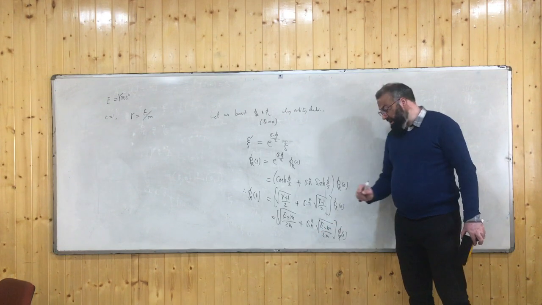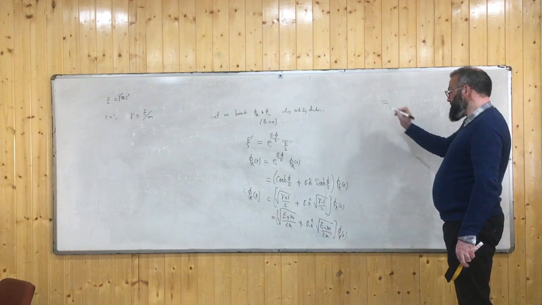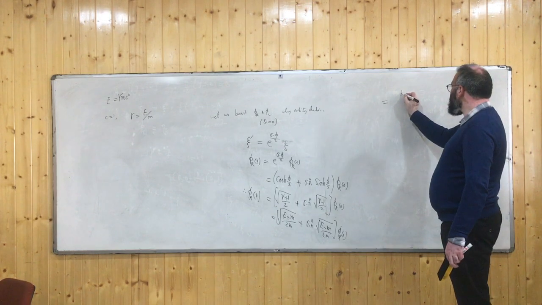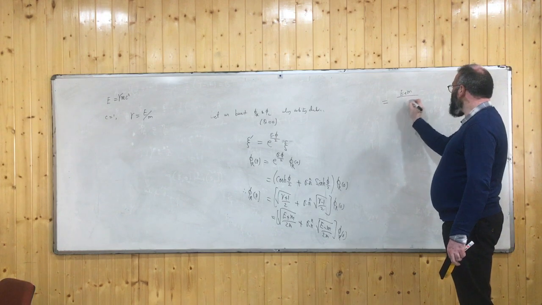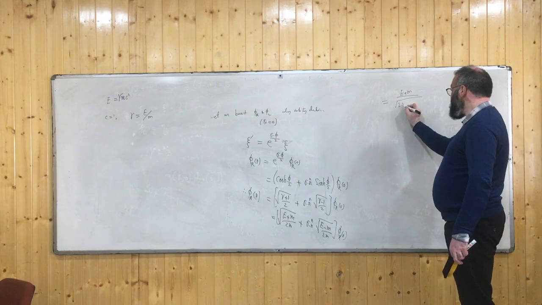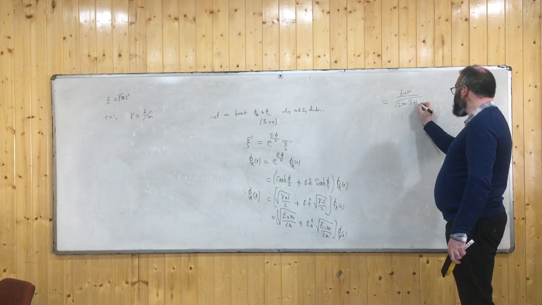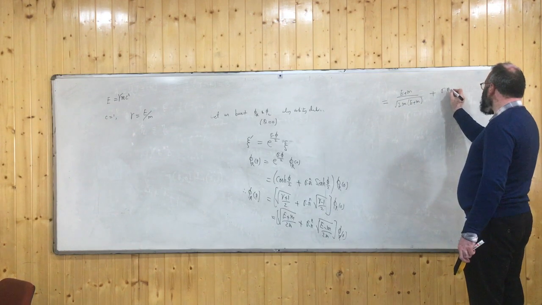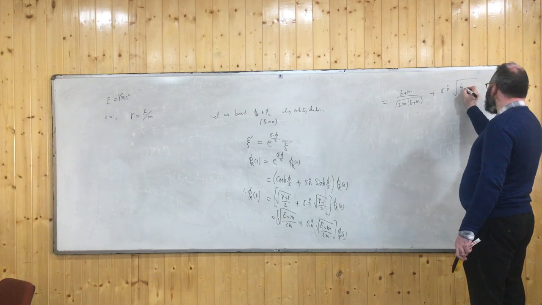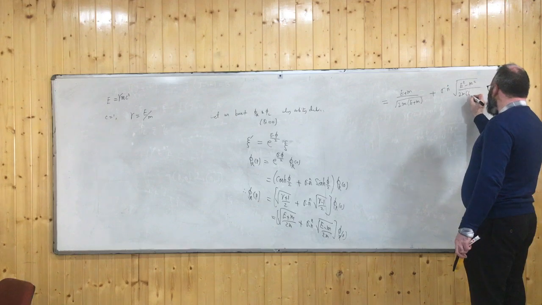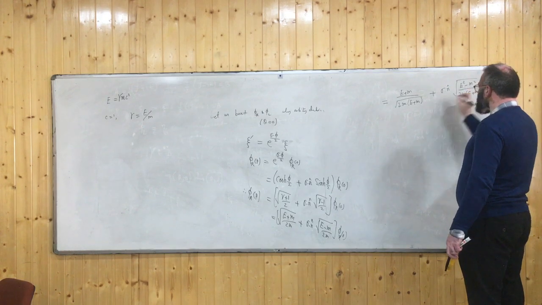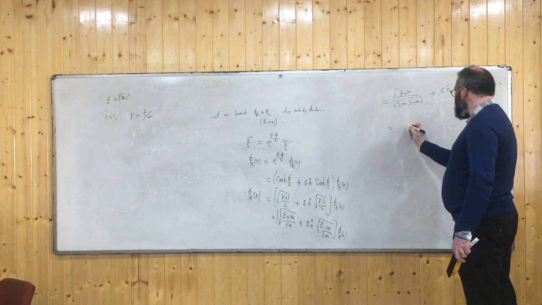So, samajh aaya? Okay, let's write it. It will simply be root of E plus m divided by root of twice m into E plus m for the first term, plus sigma dot n times E square minus m square divided by twice m into E plus m, acting on phi r of 0.